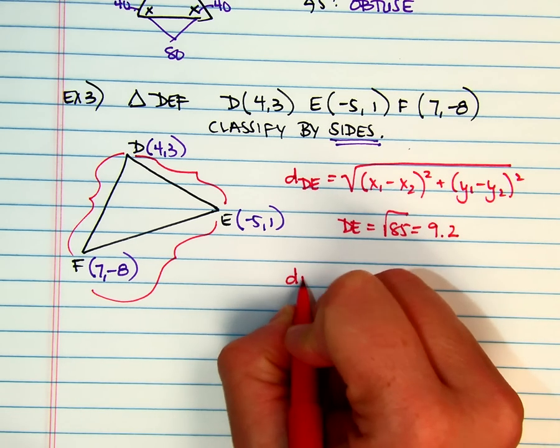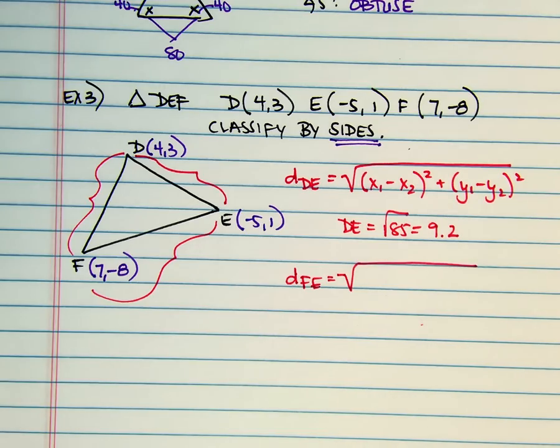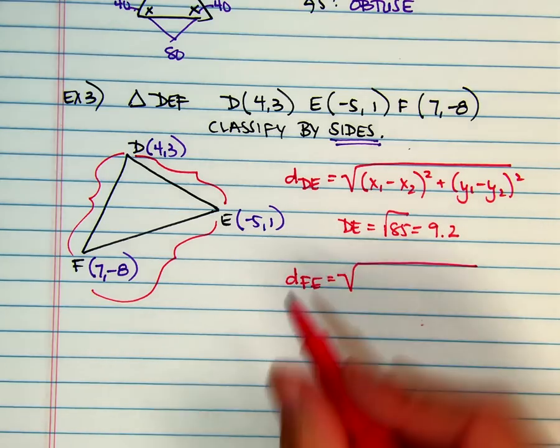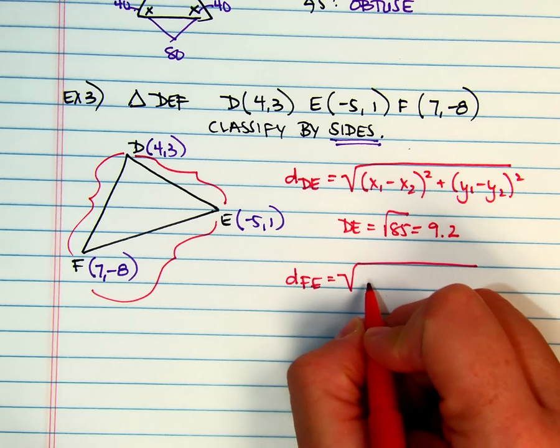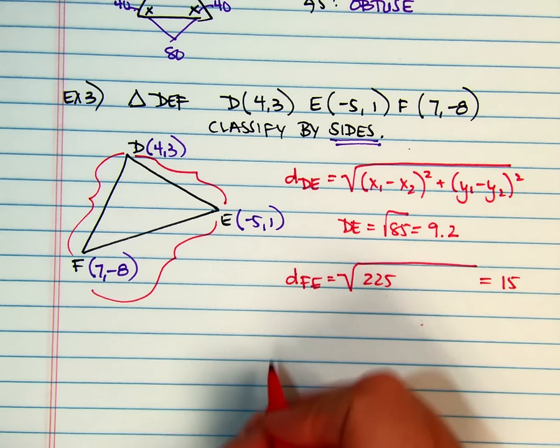The distance of FE, again, I'm going to take a shortcut. Chuck it in my calculator. You get a nice, neat square root of 225, which gives me 15.